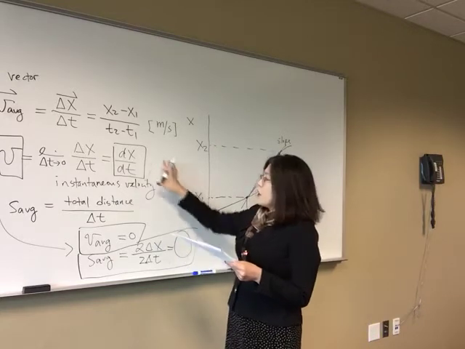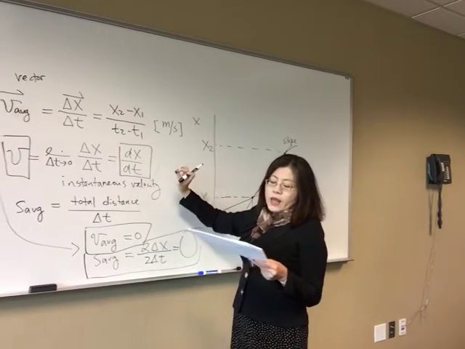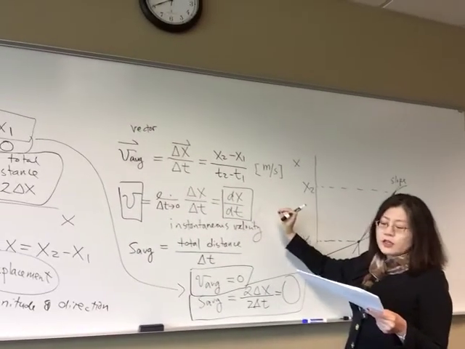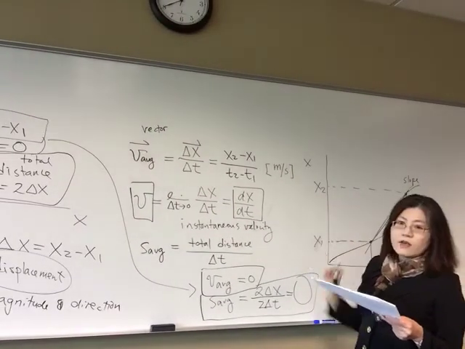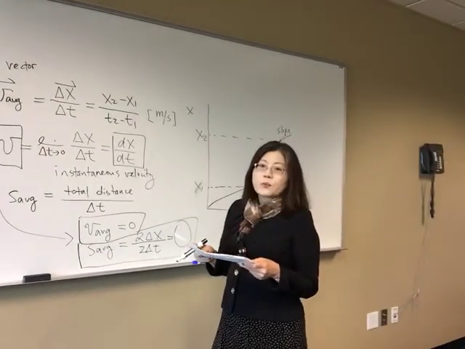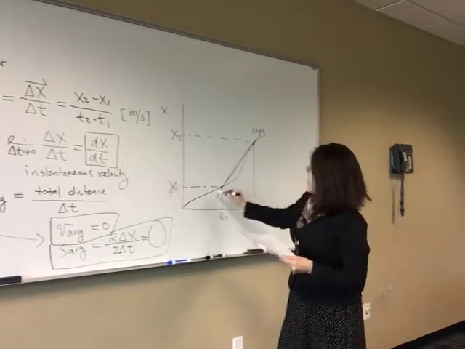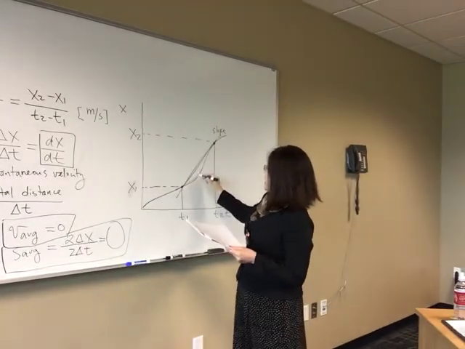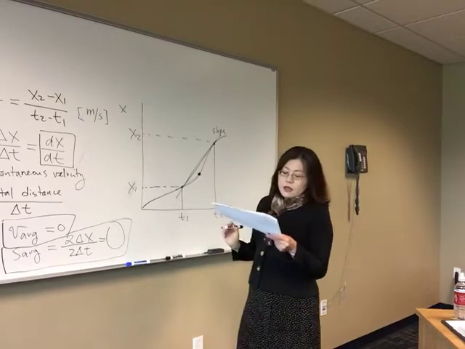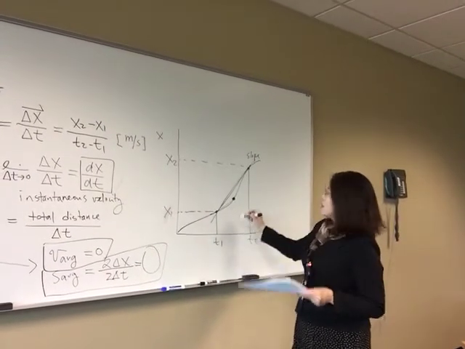Okay, so we can interpret this as the velocity being the rate at which the particle's position is changing with time at a given instance, and it's also the derivative of x with respect to time at any instance. Okay, let's say, take for example, at this point, the velocity is the slope of the particle's curve at the point representing that instance.